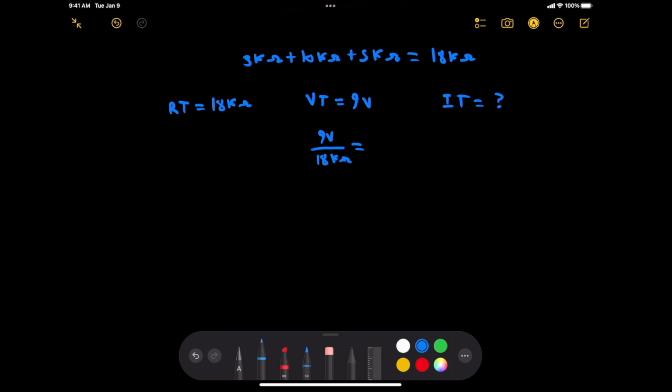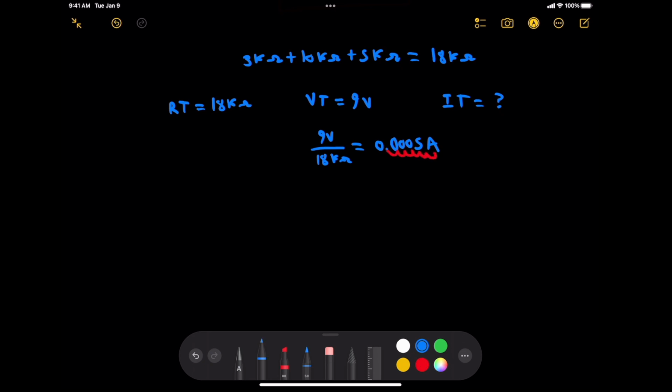So let's just put it in our calculator. 9 divided by 18,000, or 18K, that's going to be equal to 0.0005 amps. And let's just convert that by bringing the decimal point back a couple.